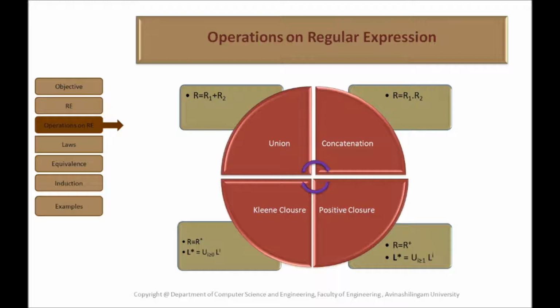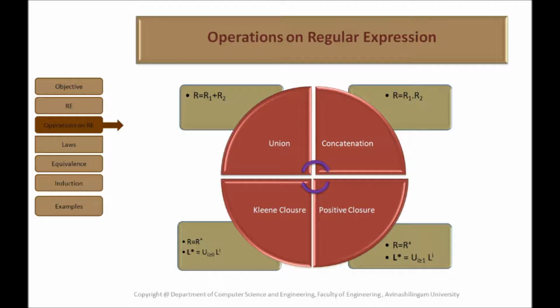Next one is concatenation of 2 regular expressions R1 and R2, which is written as R1 dot R2, which is also a regular expression of R. For example, let a be a regular expression of R1 and b be a regular expression of R2. Then a dot b is also a regular expression of R having the element ab. Union operations are represented by the plus symbol. Concatenation is represented by the dot symbol.